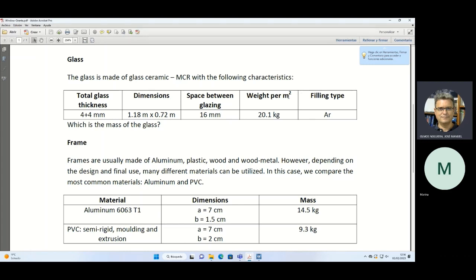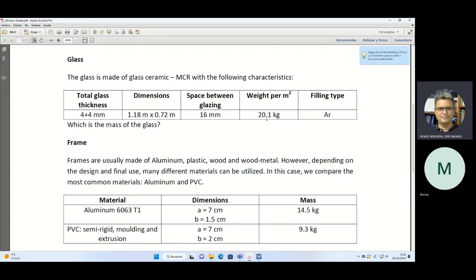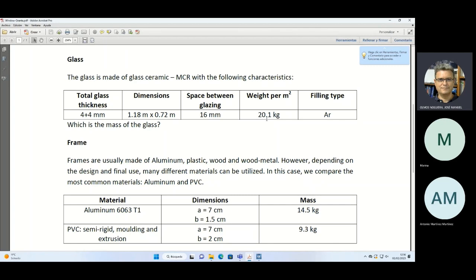But the problem is that here we need the mass. So first of all, with this data, you have to calculate the mass of the glass. I'm not going to do it. Actually, I haven't done it.